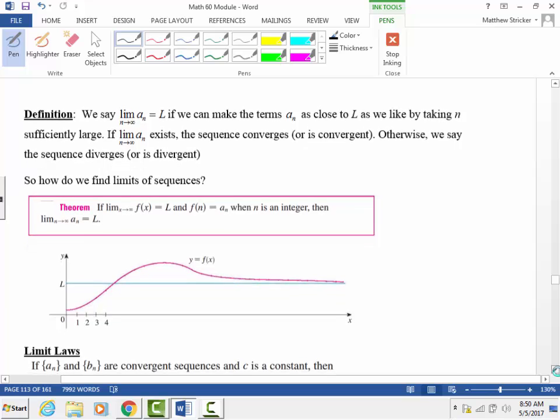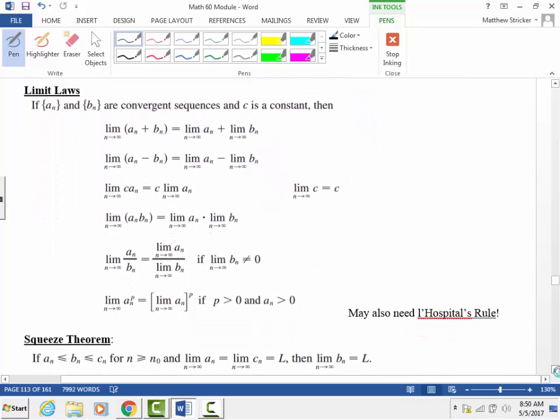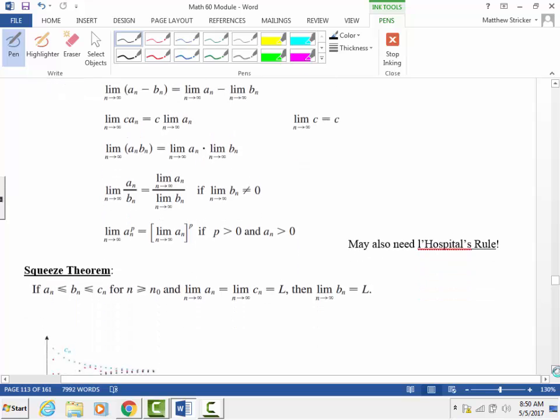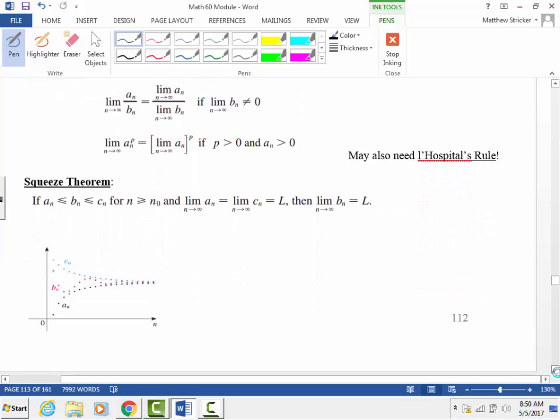Okay, limit laws that we had before still apply. If we have convergent series and we add them together, we can distribute the addition of them. We can do all these things. I don't want to talk about them in detail right now. We may mention them at some point as we're doing examples. We talked about the Squeeze Theorem very briefly before.